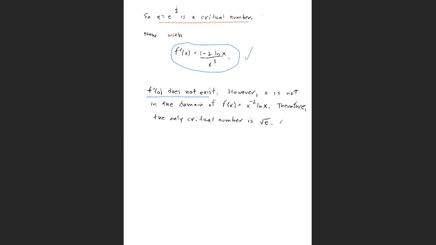But keep in mind that 0 is not in the domain of the function f of x equals x to the negative second times the log of x. That was our function, right? Why isn't 0 in the domain of our function?